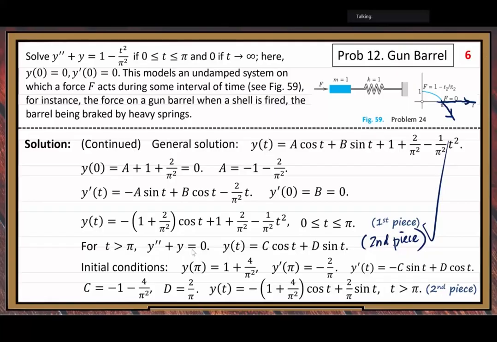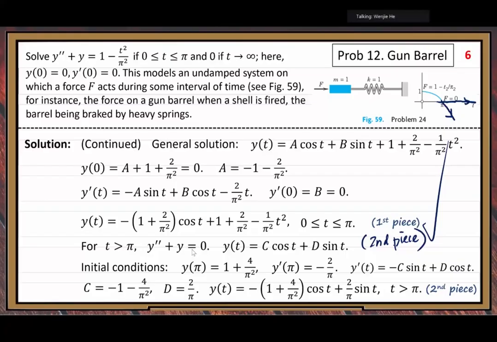One way to see it: we want to find the y solution for both pieces.